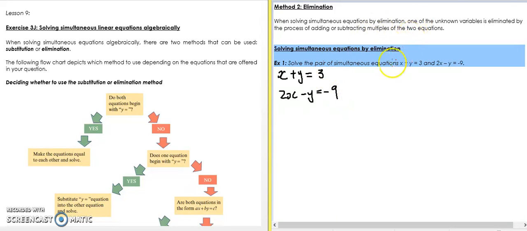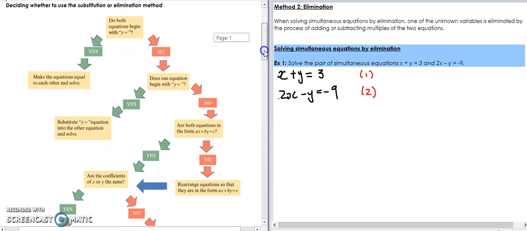The elimination process is a bit more tedious, for lack of a better word. The reason is that it's not just a simple substitution method where we can substitute an equation into another one. We actually have to be a bit careful with our process, okay? Because there are more steps involved.